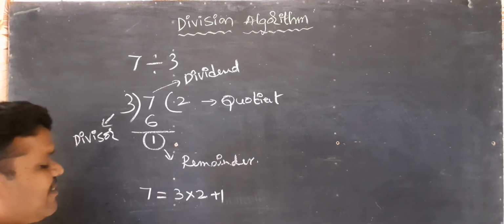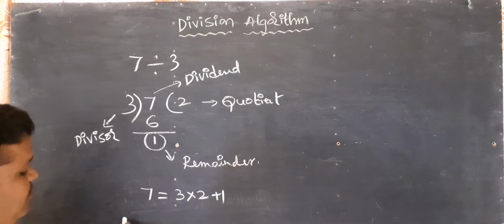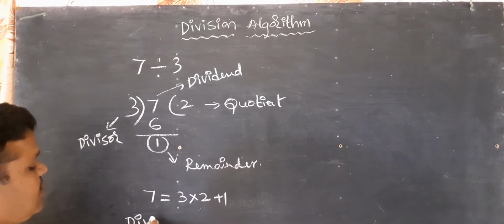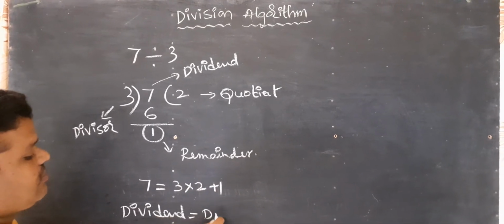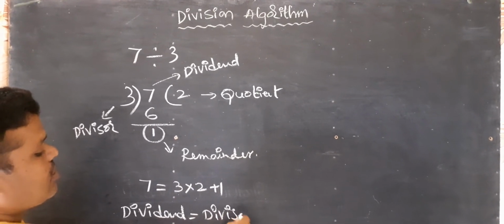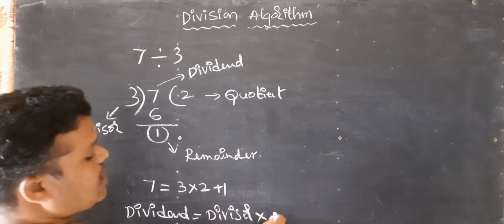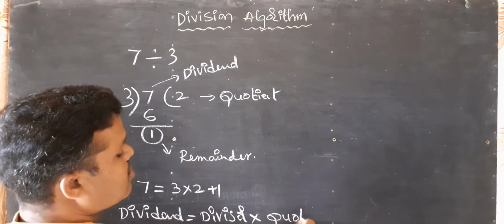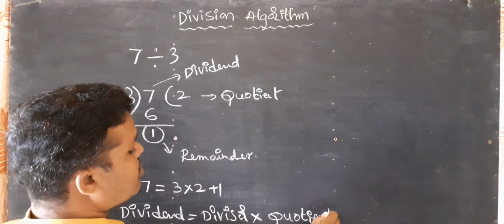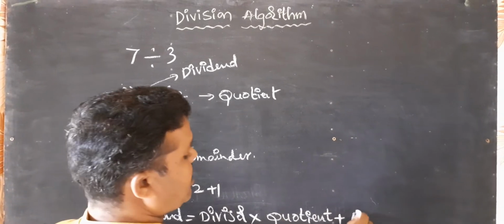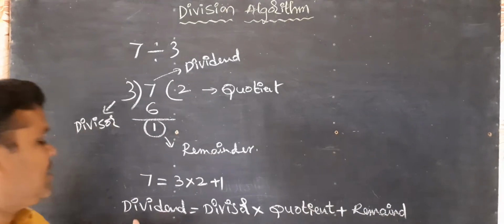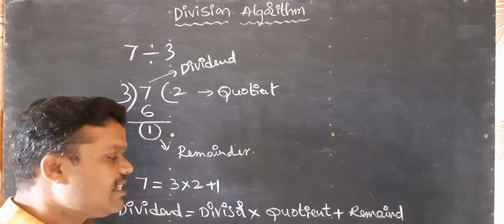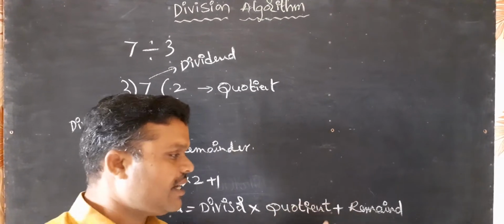Here 7 is nothing but dividend, 3 is nothing but divisor, and 2 is a quotient, plus remainder. So dividend is equal to divisor into quotient plus remainder.